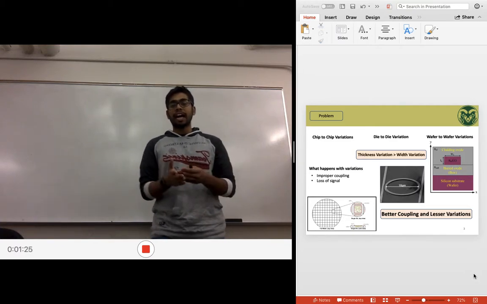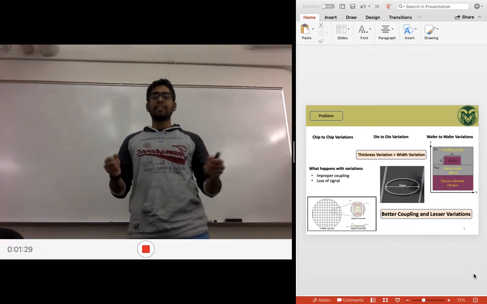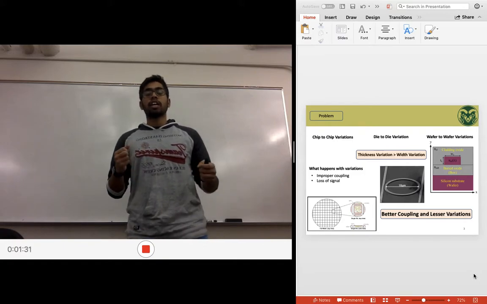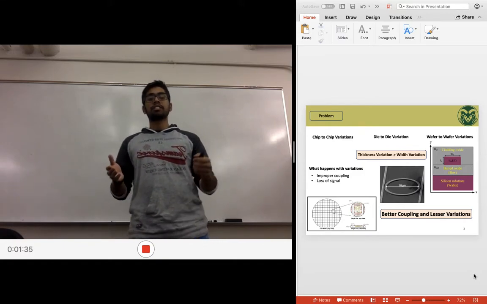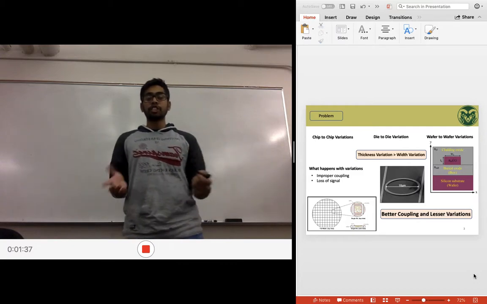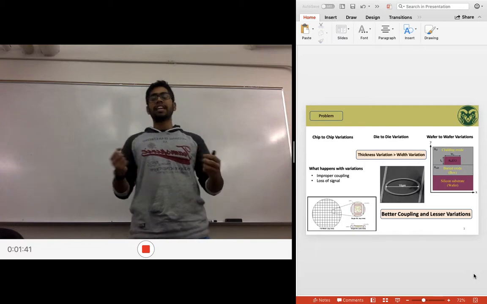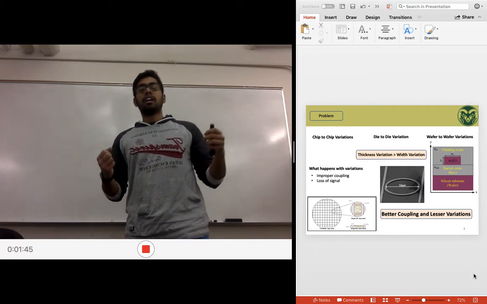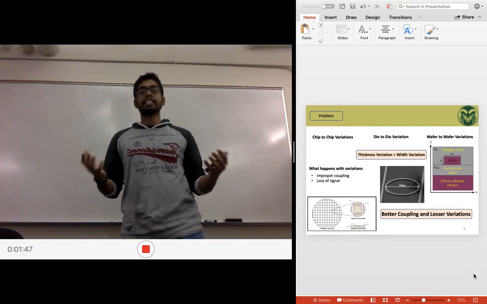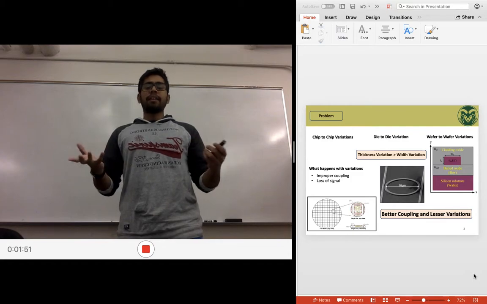Similarly, the die variations as well as the wafer variations. Every die and every wafer which is created has different parameters and different dimensions than the other die. And what I'm looking at is studying these variations so that there is consistency in the output being generated in silicon photonics.